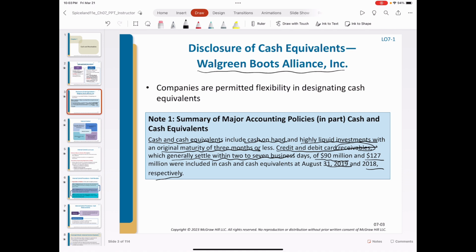So these are receivables that will be settled within a few days, so they are classified as cash equivalents. So that's the note to inform the investors what items are included in this account.